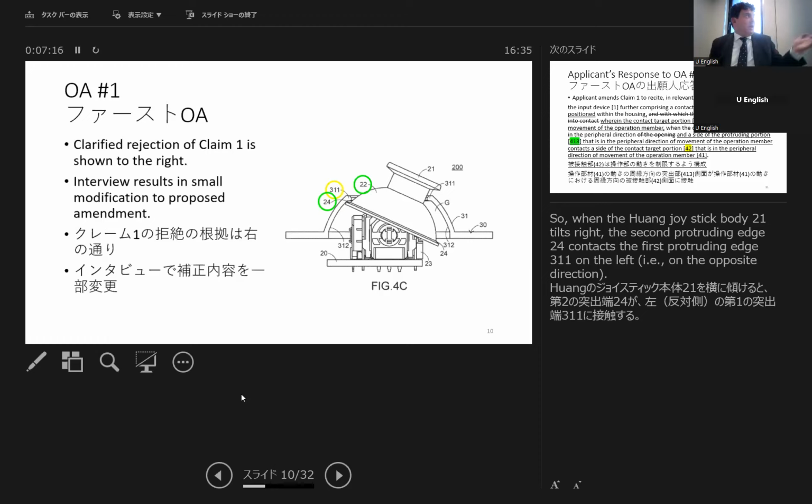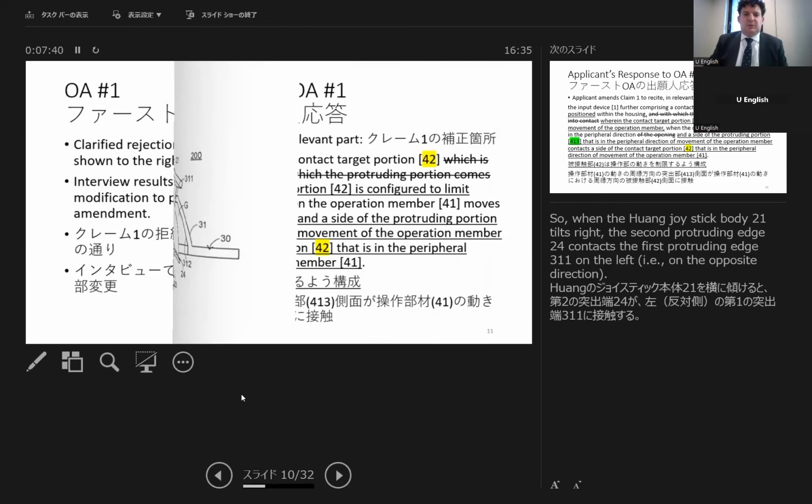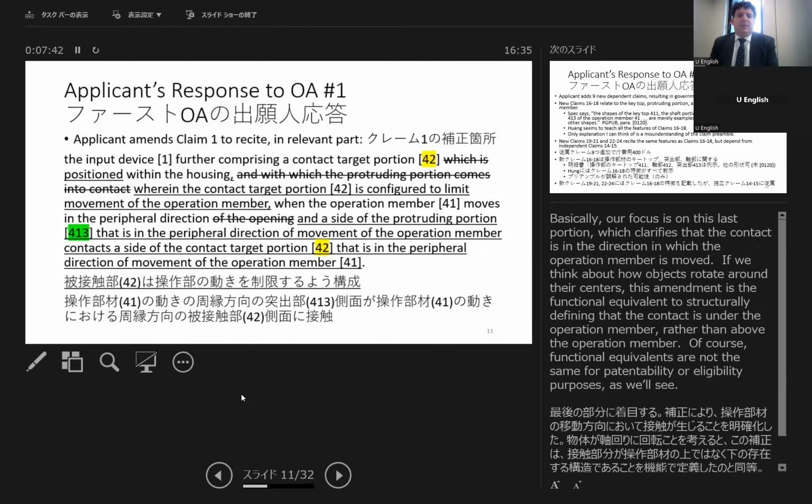But for now, the important part to notice is that when the Huang joystick body 21 tilts to the right, the second protruding edge 24 on the left side, circled in green, contacts the first protruding edge 311, circled in yellow, on the left. So it's when one side goes to the right, the other one touches at the top on the left, which is the opposite of what we're trying to do.